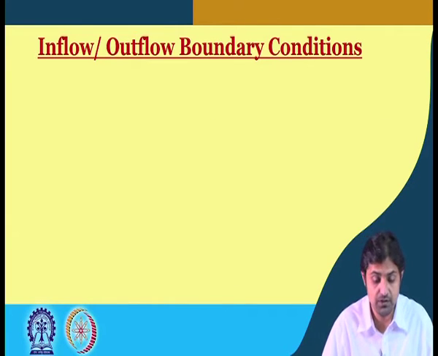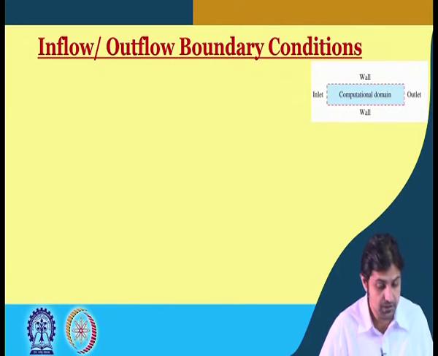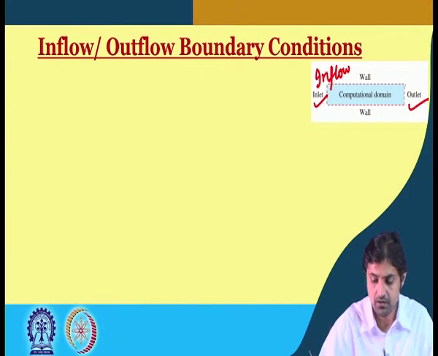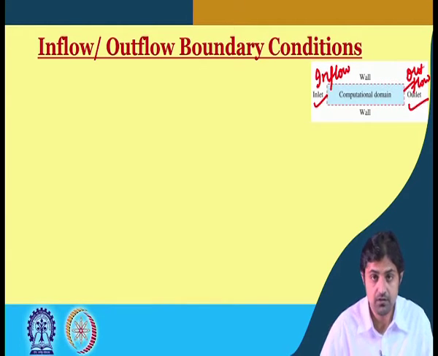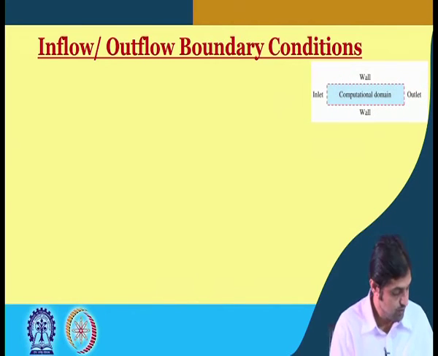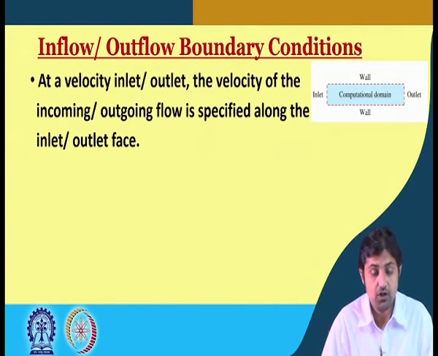Now talking about the inflow and the outflow boundary conditions. So you see this is inlet, this is outlet. From here the inflow will be there and from here outflow will be there. In means coming in and out means going out. So at a velocity inlet or outlet, the velocity of the incoming or outgoing flow is specified along the inlet or outlet face.